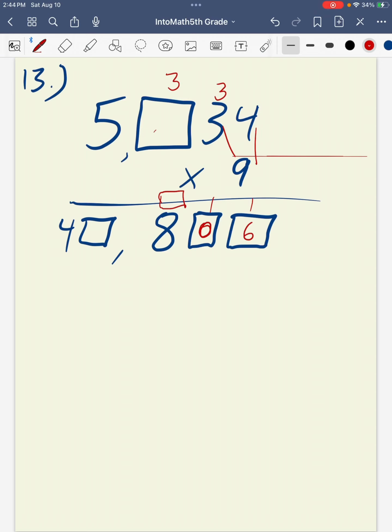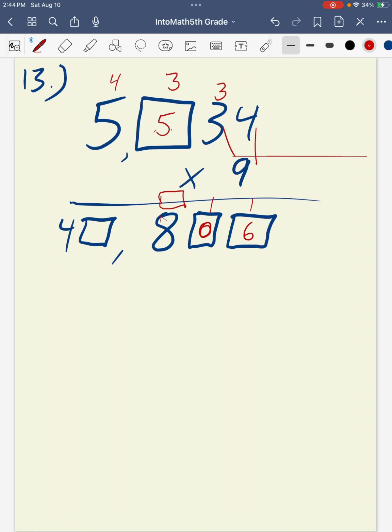There is only one multiple of 9 that ends in a 5, and that is 45 if I multiply times 5. So 9 times 5 gives me 45. I add in my additional 3, which I turn into my 8 down here, and I carry my 4 over here.